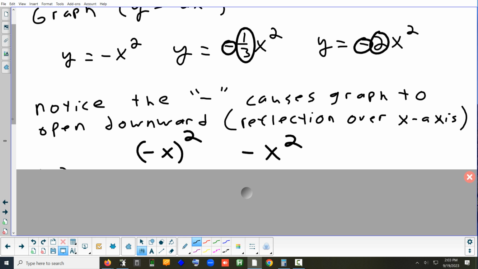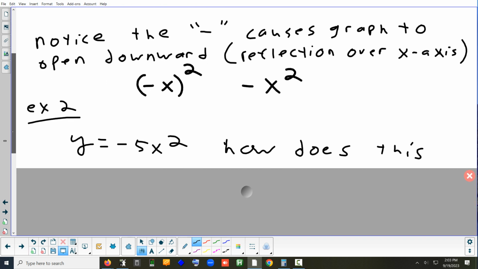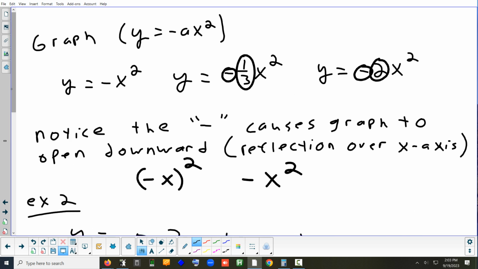Some type of horizontal reflection, horizontal shift, horizontal stretch. If you do something outside the parentheses, like out in front, it's going to be vertical. Vertical stretch, vertical shift, vertical reflection. Okay, but just remember, the number here and the negative here are really two things happening, not just one.